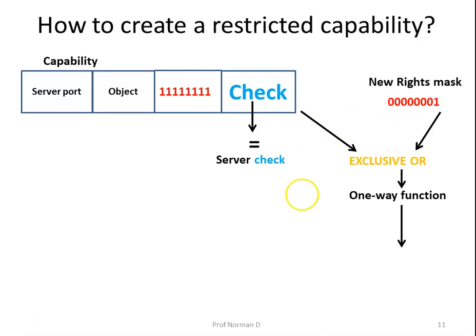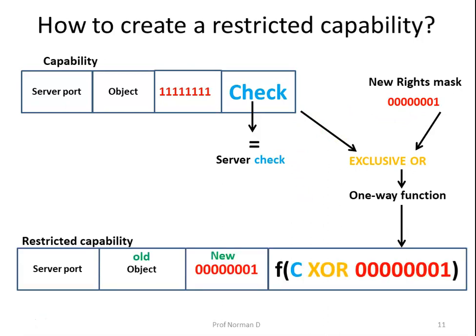The server then creates a new capability with the same value in the object field, but the new rights bits in the rights field, and the output of the one-way function in the check field. Now this new capability is then returned to the caller.